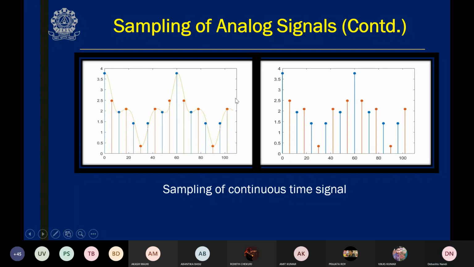So that means what I want to say, that the distance between two successive samples is very important thing. Whether it is possible to reconstruct the original signal from the sample values, that is dependent on the distance between two successive samples. At what rate you have taken the samples, based on that, the shape of the analog signal will be protected whenever you reconstruct the signal.